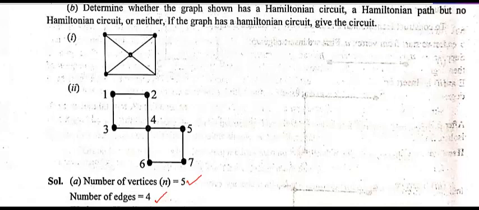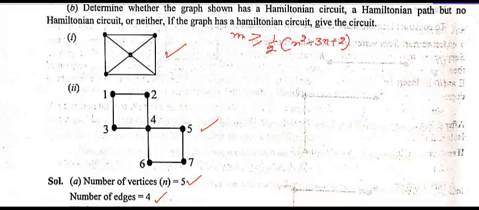Now we have these two very interesting examples. We have to verify whether a Hamiltonian circuit is possible or not. And if you are able to remember, we have discussed one result. If a circuit exists, then it must satisfy m greater than or equal to 1 by 2 into n square minus 3n plus 2.